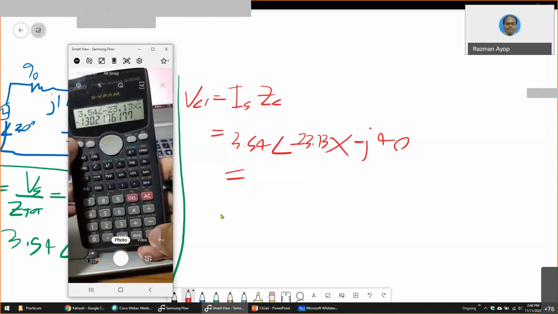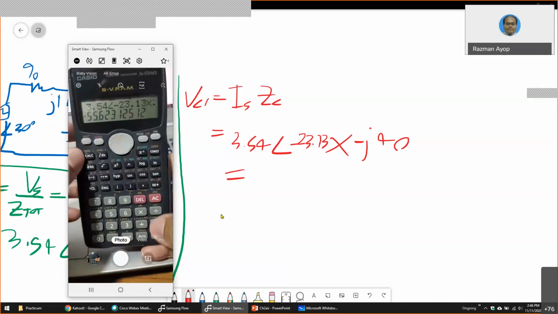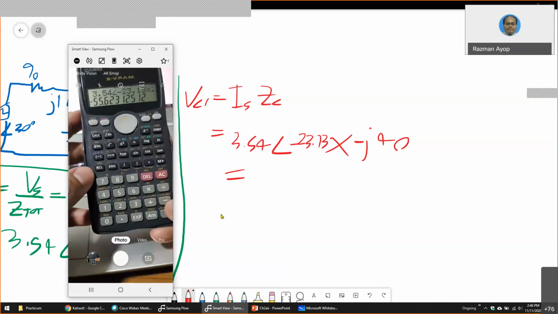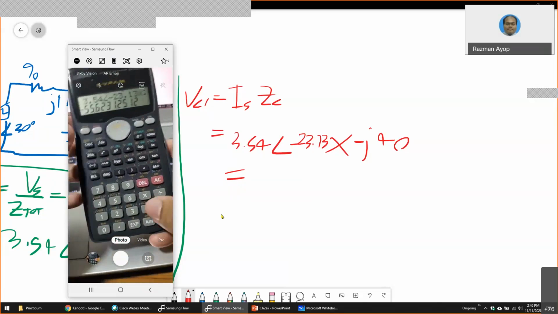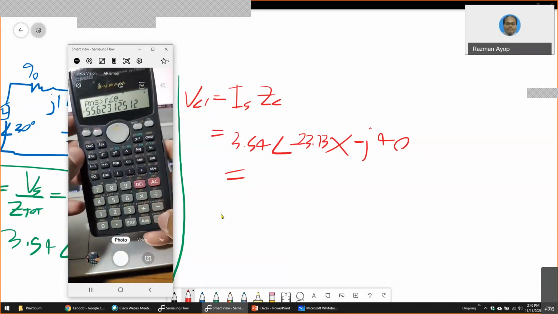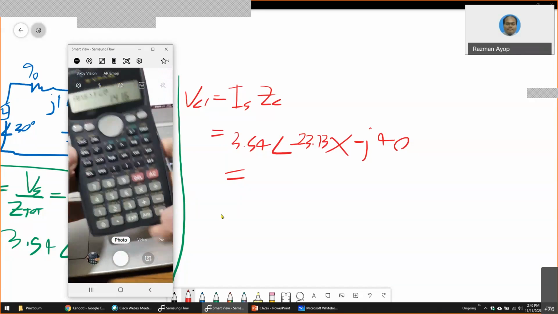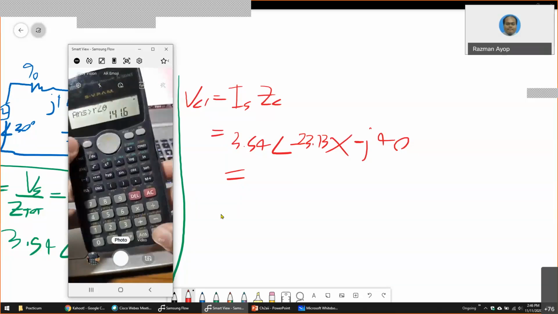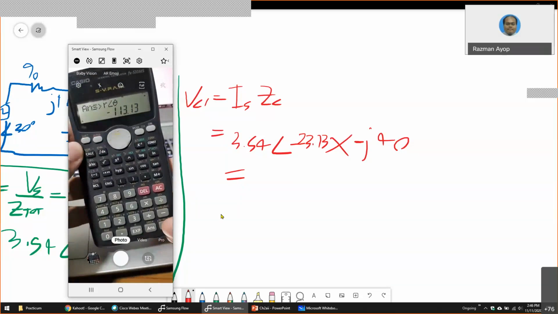Don't forget the imaginary part. But remember, you have to show in polar form. Shift plus, equals, you get the answer 141.6, and then shift equals, you get the angle.